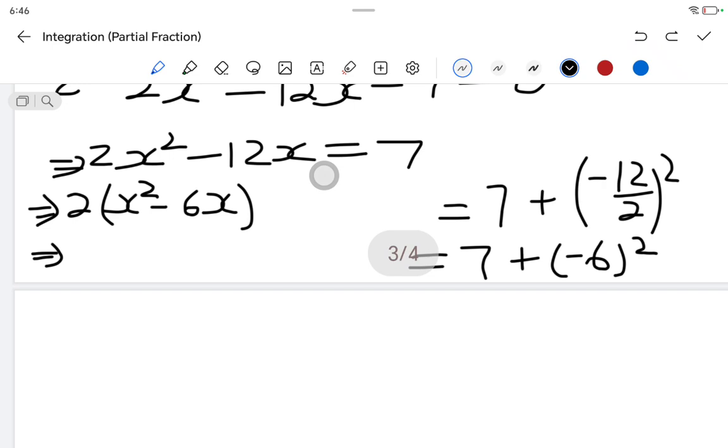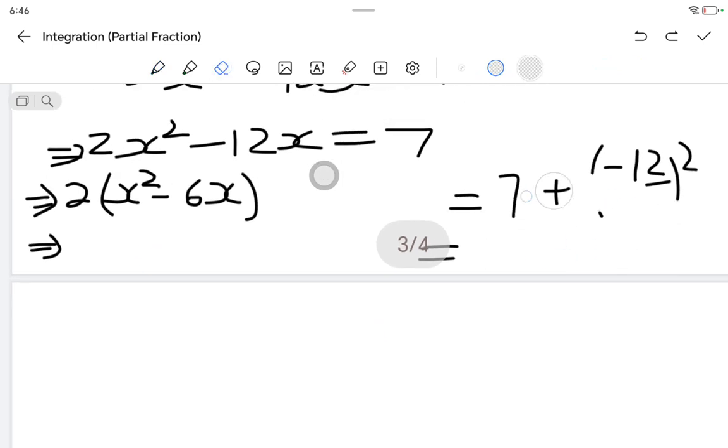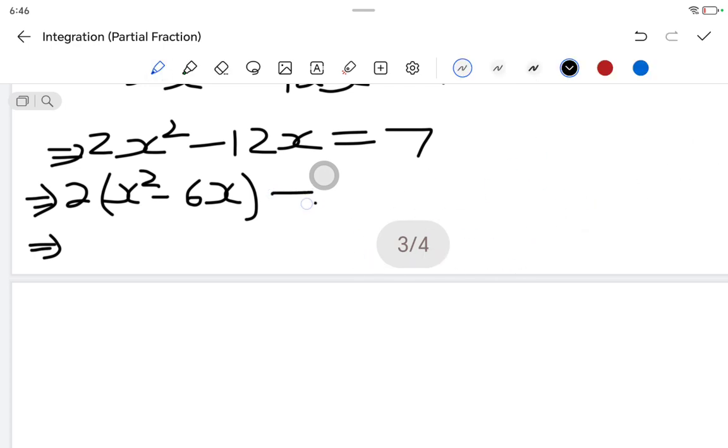You see, right? So when I add both sides, I'm just gonna add this. So let me say this. So when I add both sides, I'm just gonna simplify it. Let me erase this. Since I factored out a 2, let's come here and say this. Then we'll decide ourselves, right? Let's see.